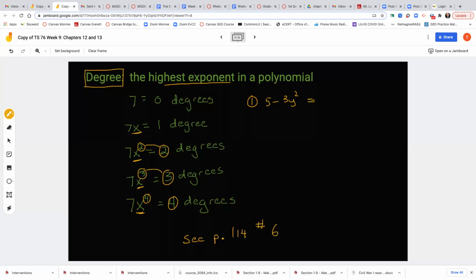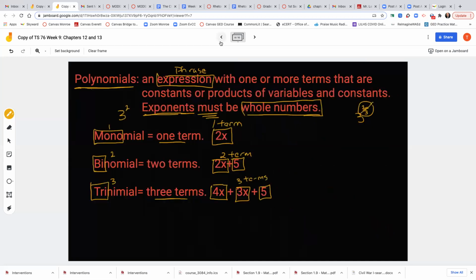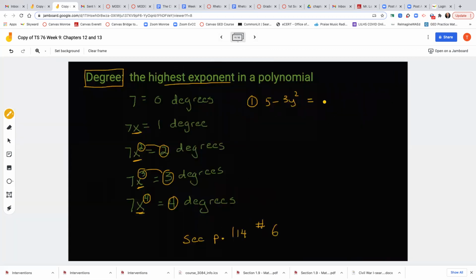Okay, think about it. Mono means 1 term. Binomial means 2 terms. Trinomial means 3 terms. I'm going to go back a slide so you see what they look like. See how a trinomial has 4x plus 3x plus 5. Okay, so if you're thinking that this is a binomial because it's got 2 terms, that is correct.